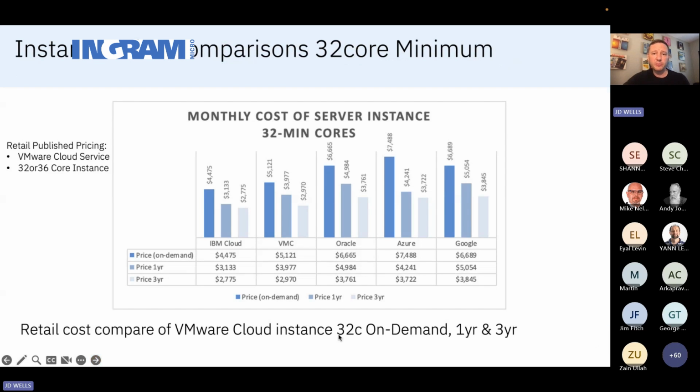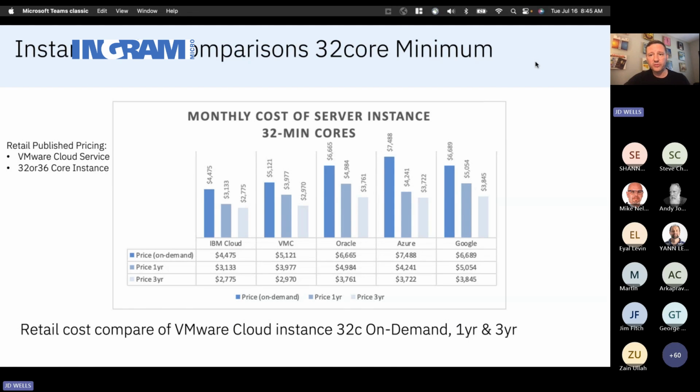So recently we did a comparison of the IBM Cloud for VMware solution to our main competitors. In the new licensing model by Broadcom, the minimum number of cores that have to be licensed is 16 cores per CPU. So to simplify the comparison, we've chosen the 32 core or 36 core instance based on the provider and their catalog.